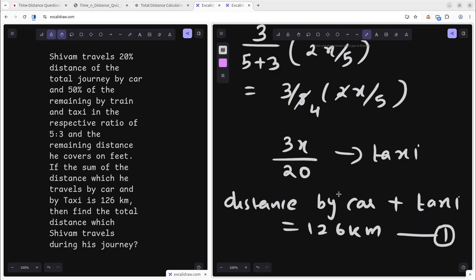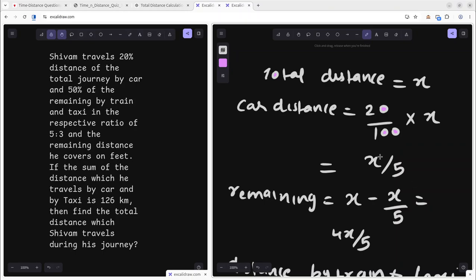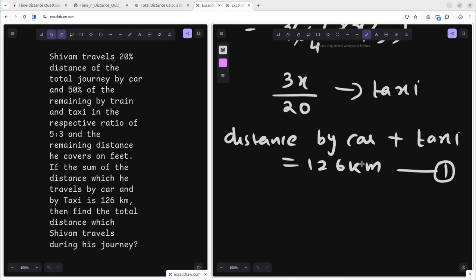We have the distance traveled by taxi equal to 3x by 20, and in the beginning we already found the car distance, that is equal to x by 5. So substituting, distance by car x by 5 and by taxi 3x by 20 equal to 126.